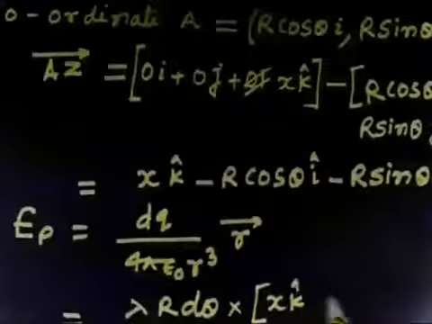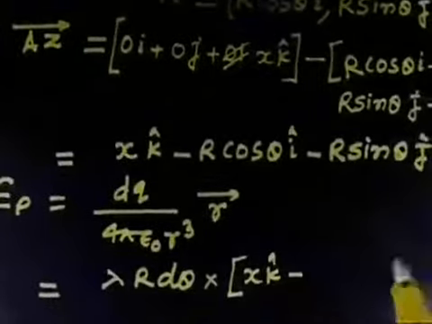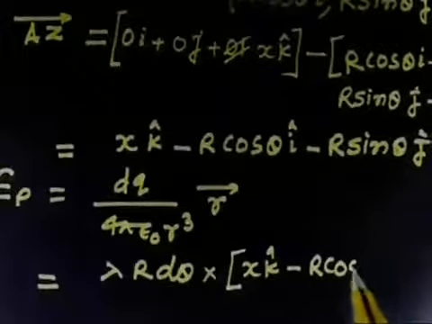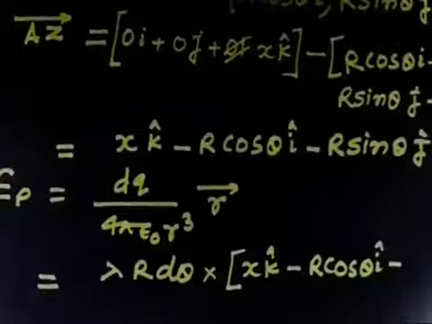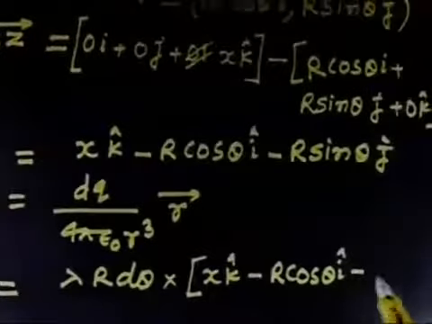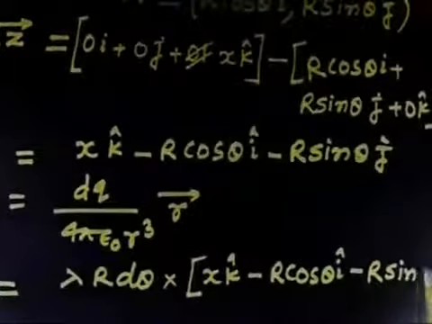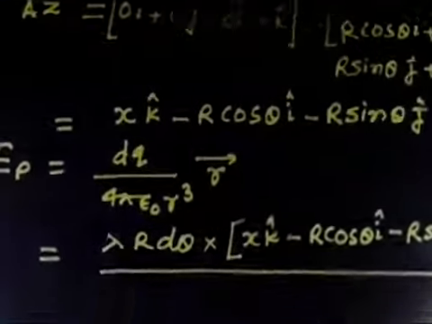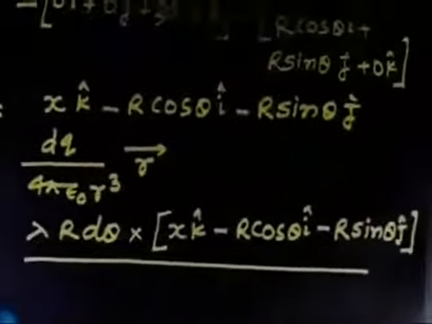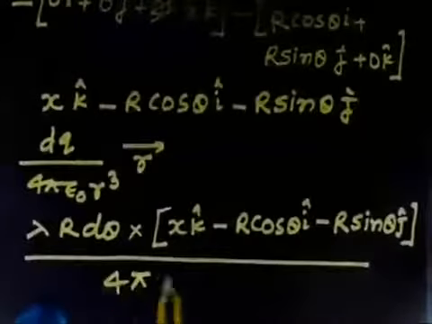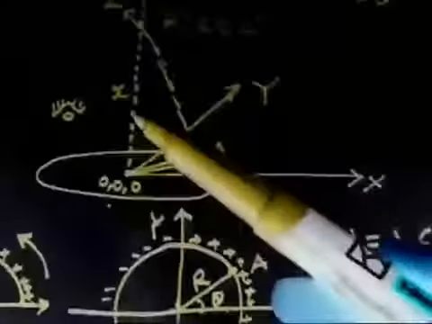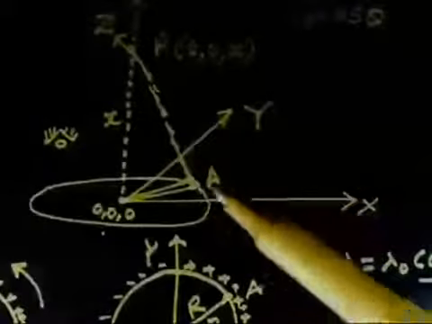So xk minus r cos theta i minus r sin theta j, and this divided by 4 pi epsilon naught r cubed. And what is this r? So this length is x, this length is a, so this length is x square plus a square under root.